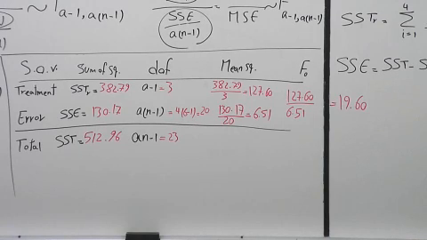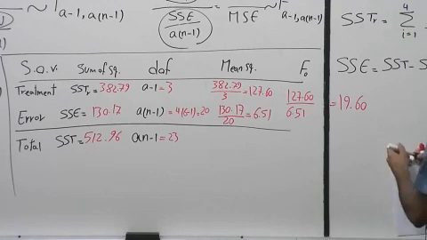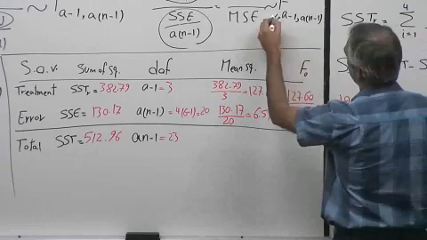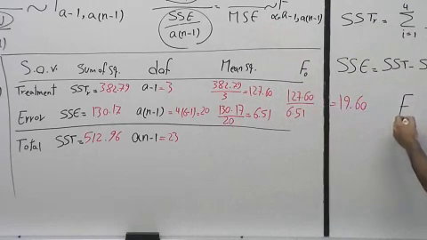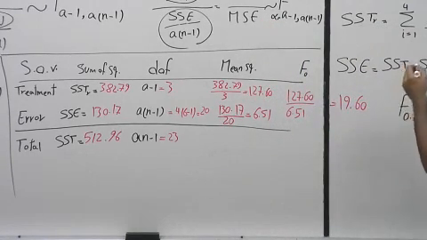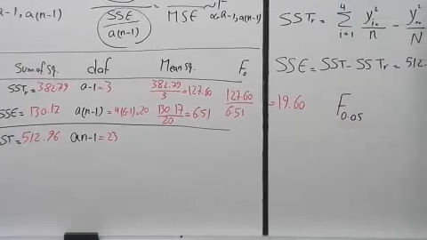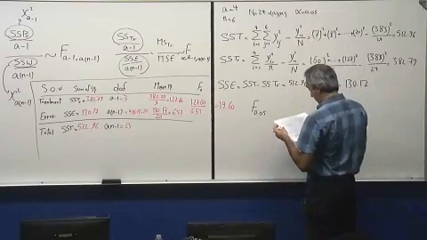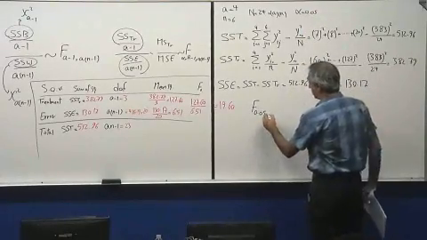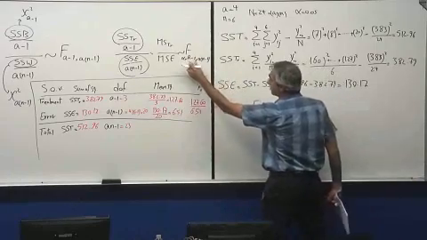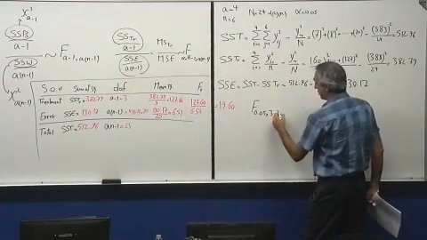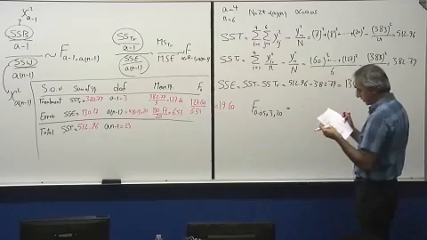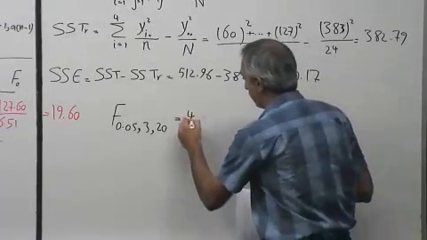So this is F0. I should compare it with what? With the F distribution. I dropped alpha here, so let's say alpha is 0.05, and I compare it with F.05 with degrees of freedom 3, which is A minus 1, and 20, which is A times (N minus 1). From the table, that number is 4.94.